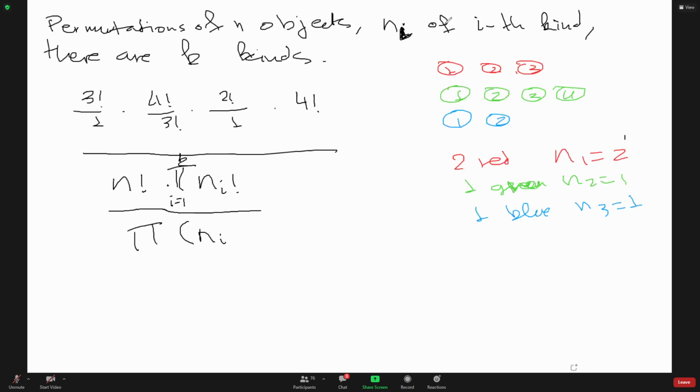So, I think you're correct. So for the red ones, yeah, this is the correct answer. I need an extra symbol here.